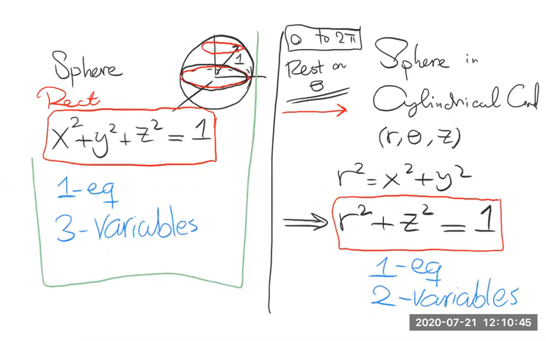I want to write down the right side, something which only has r, theta, and z in it. So here r squared is x squared plus y squared. Do you agree?